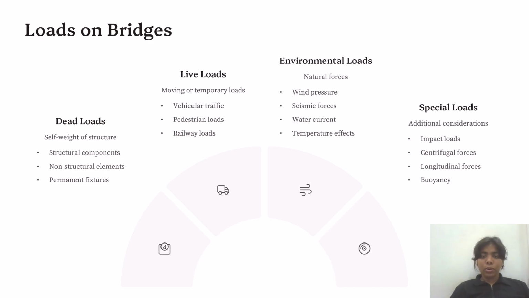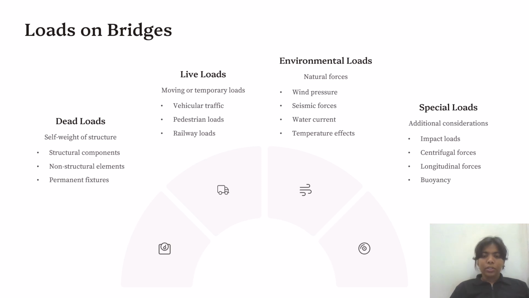According to Indian Roads Congress (IRC) standards, the primary loads considered in bridge design are: first of all, dead load, the permanent load due to self-weight of the bridge structure like deck, girders, piers, etc., bearing surface, railings, and other fixed elements. It is a static load that is always present.